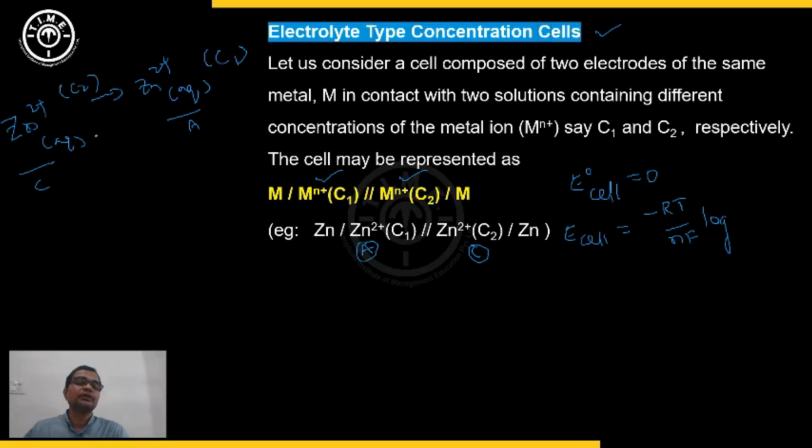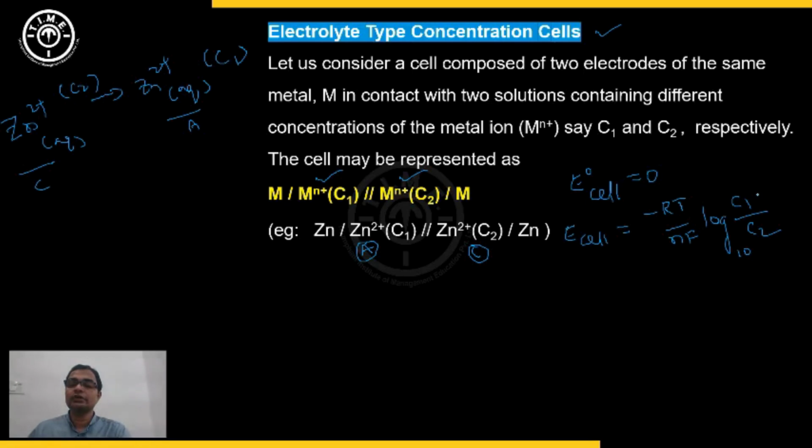You take the cathode. In the cathode electrode here, Zn2 plus ion concentration is C2. In the anode, Zn2 plus ion concentration is C1. So the product is what? Zn2 plus ion of the anode, that is C1, divided by the Zn2 plus ion aqueous concentration, that is C2 for the cathode.